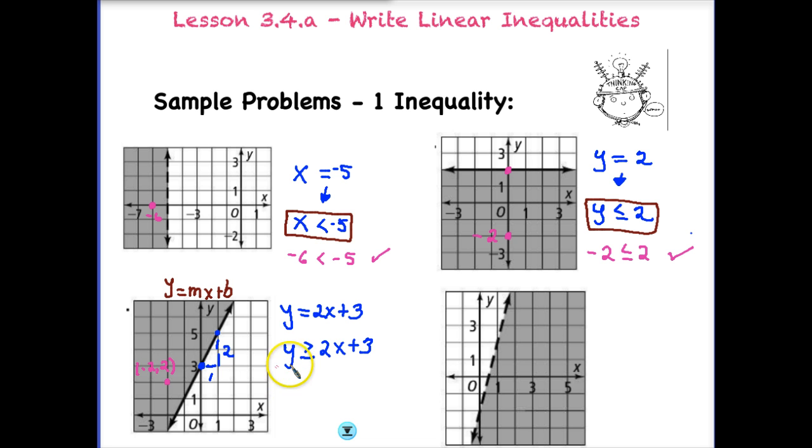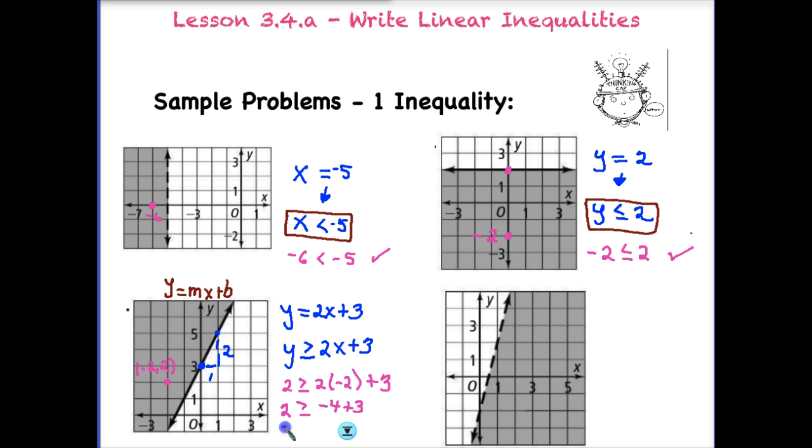So I'm going to substitute a 2 in for my y, and then I will also substitute in -2 for my x. And then I will just simplify. I'm looking to see that my left side, 2, is greater than or equal to whatever my right side simplifies into. And I have -4 plus 3.